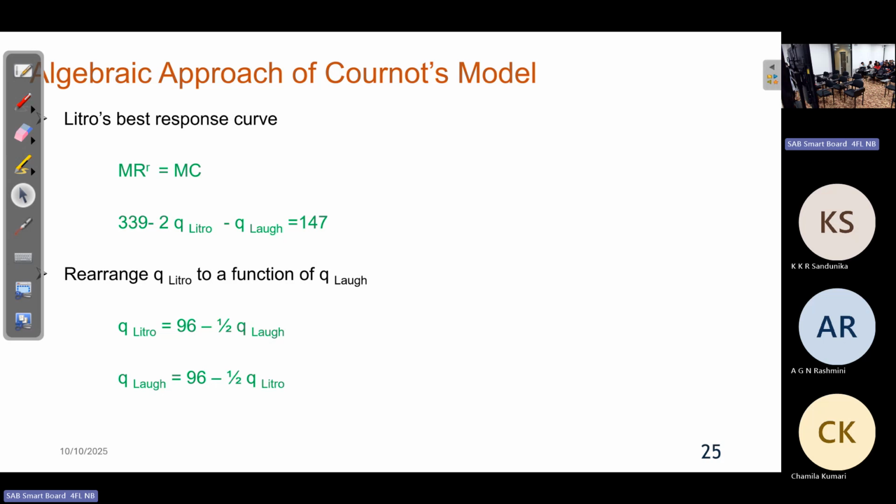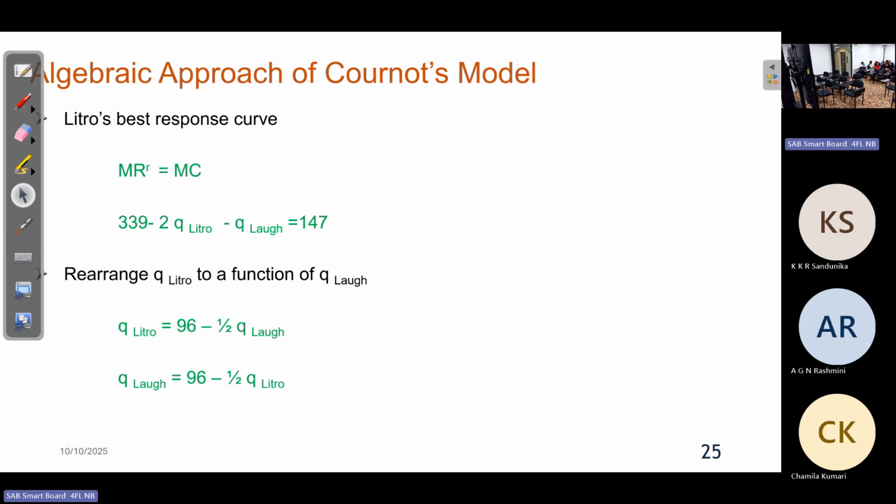So we substitute: 96 minus half Q2 equals this one, 96 minus half Q1. So now we simplify.